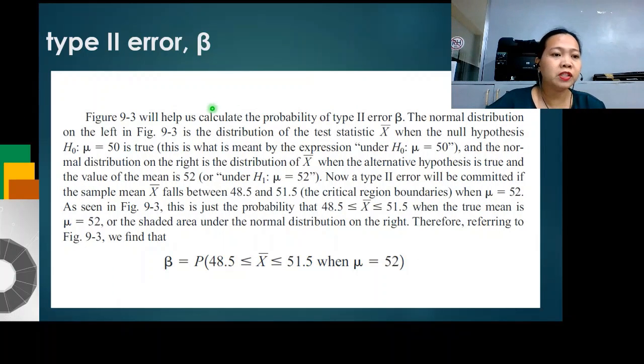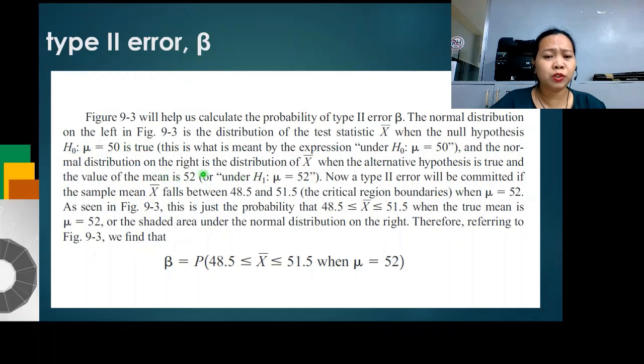In our previous example where we calculated the mean burning rate of a propellant, the normal distribution on the left of the figure is the distribution of the test statistic x bar, the sample mean, when the null hypothesis H sub 0, mu equals 50 centimeters, is true.